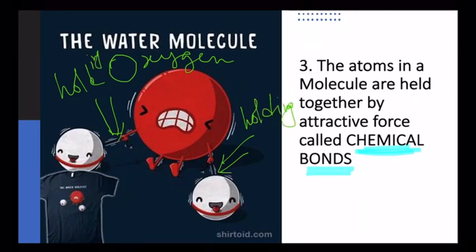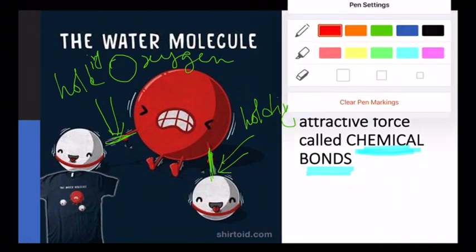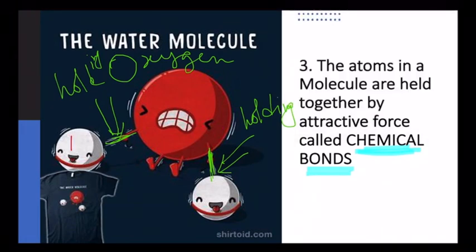It is holding one atom of hydrogen with its right hand and another atom of hydrogen with its left hand. So this holding capability is known as a chemical bond.